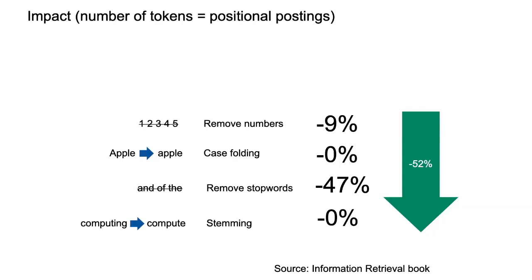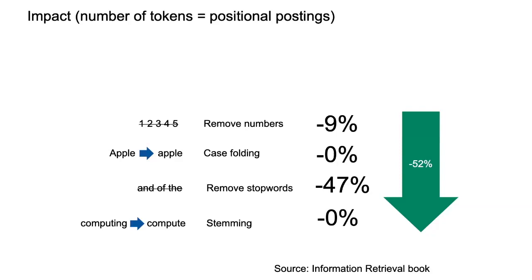That's probably because stemming is more efficient for common words and less for the uncommon words that might be more invariable. So this is why it gives 0%, but overall, if you multiply all of that, we get minus 52% on the positional postings, right?